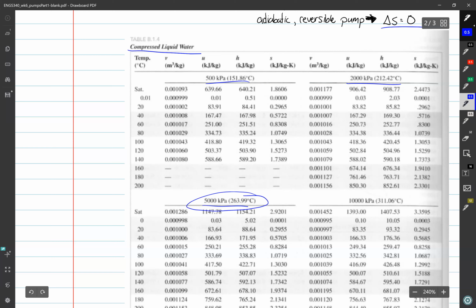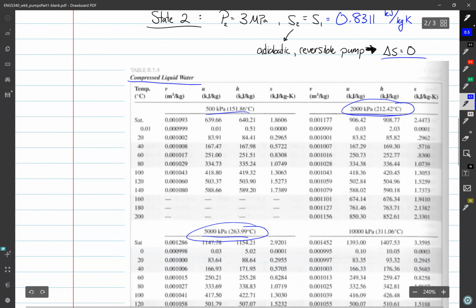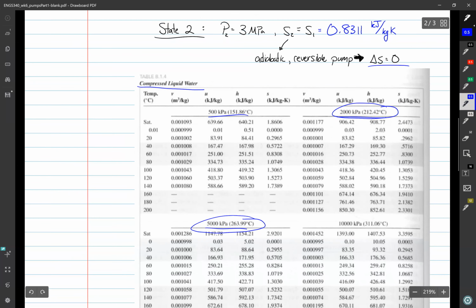So we're in between these two sections of our table, 2000 and 5000. And our entropy, 0.8311, if we look at the entropy column, is in between those two values, and in between those two values. So our temperature is going to be somewhere between 60 and 80 degrees, and our pressure is between those two values. So we'll actually do it here in a second, a double interpolation.